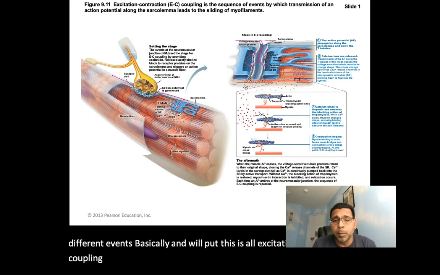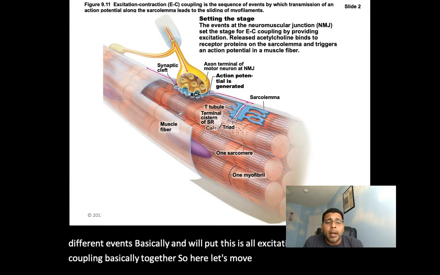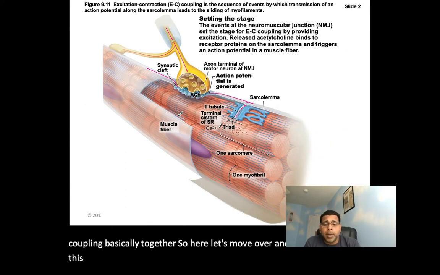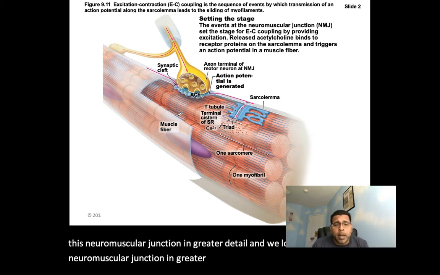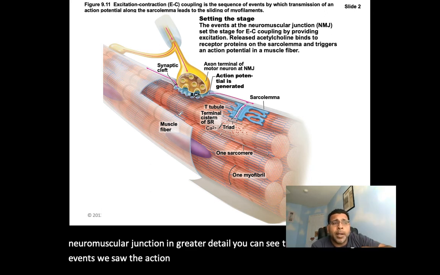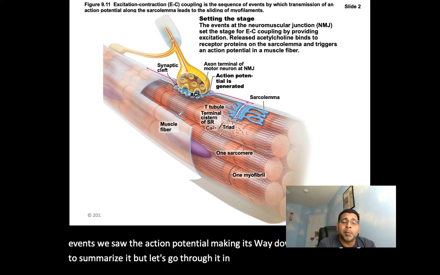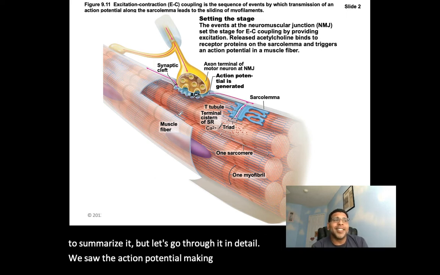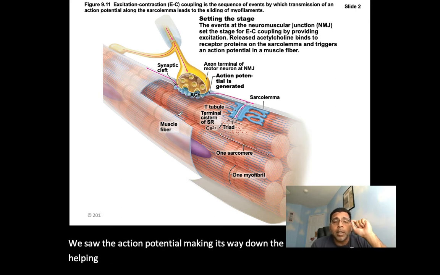So here let's move over and look at this neuromuscular junction in greater detail. Summarizing the events, we saw the action potential making its way down the axon terminal, helping to open up voltage-sensitive calcium channels.